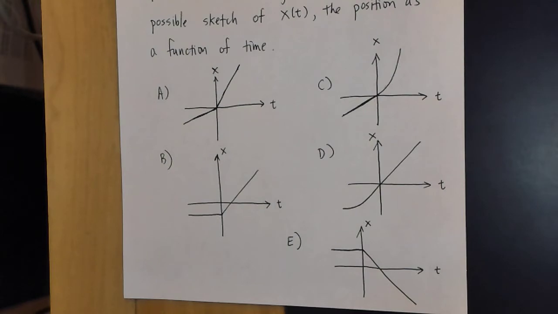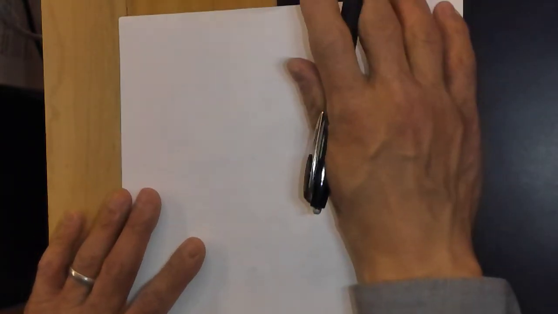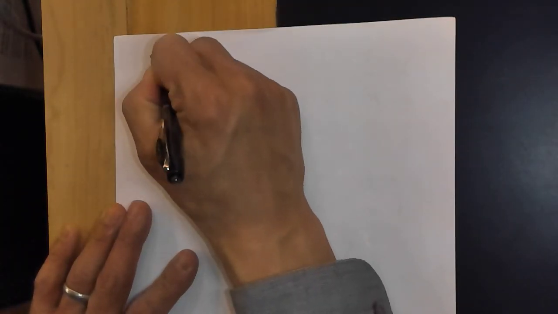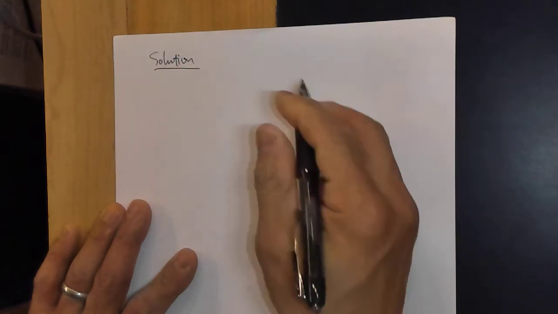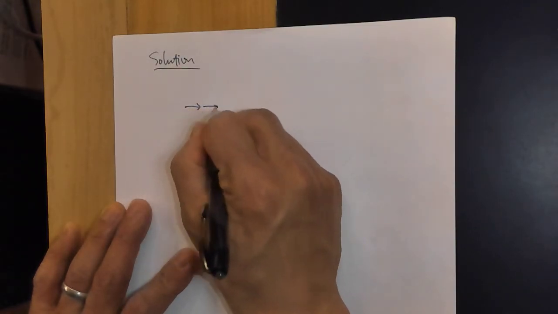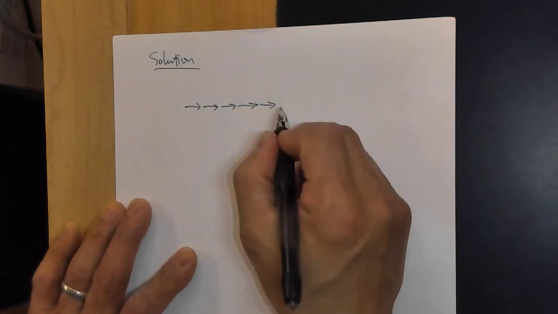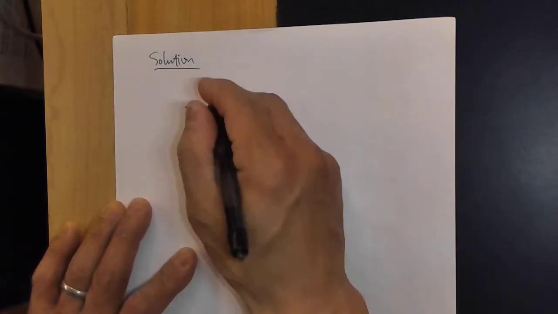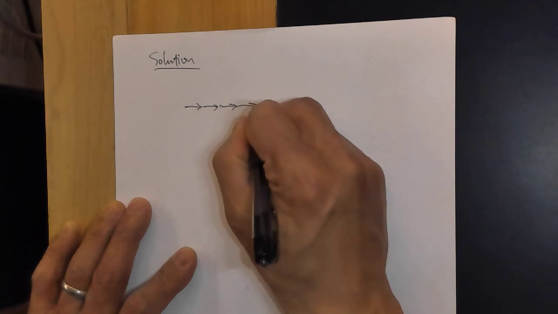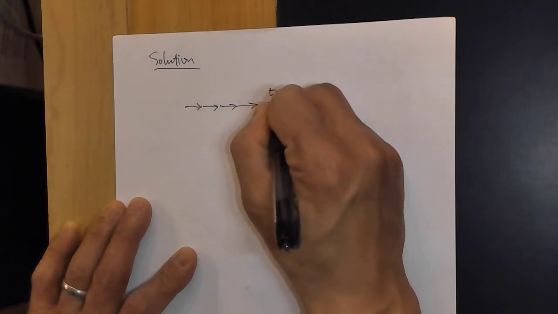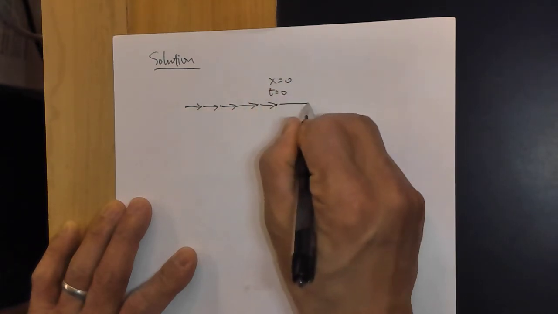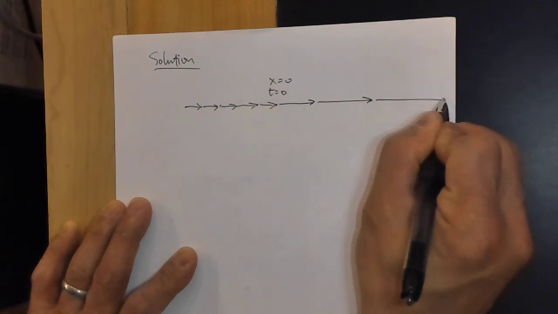The point is that our diagram has evenly spaced points. This is t equals 0, x equals 0, then it starts getting bigger.